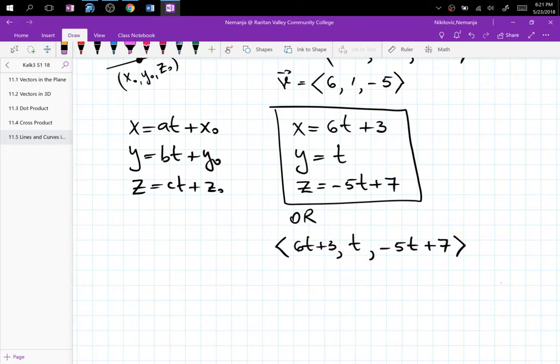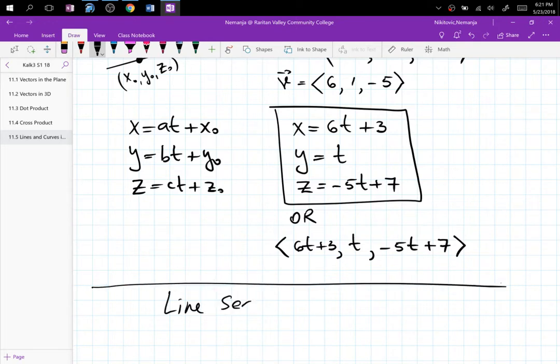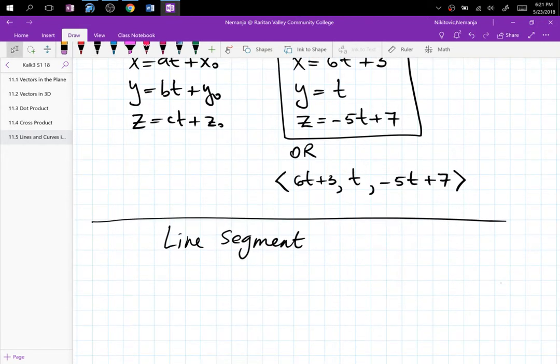What else is going to be very important for chapter 14? Line segments. See, the line that we have up there is the line that goes infinitely. It stretches infinitely. I am not placing any restrictions on t, and because I am not placing any restrictions on t, the line goes forever.